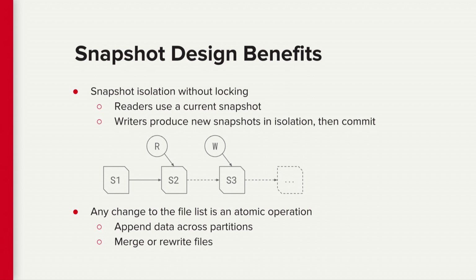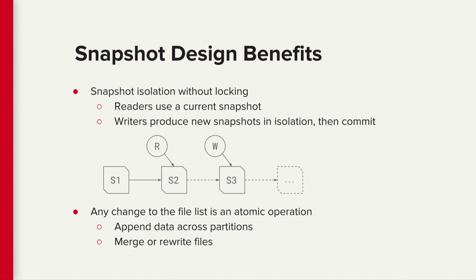Then say at the same time I have a writer come in and wants to make changes. Well, he's not changing any of the files because all of the files are immutable, just like in the old Hive tables. All he's doing is creating this new listing of files, either appending or replacing files or something like that. He creates a new listing completely separately and then just swaps the pointer to the current state of the table.